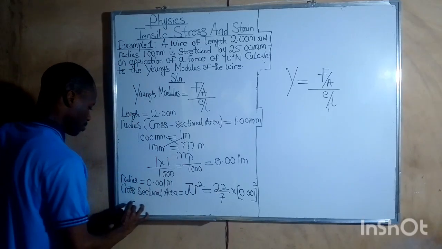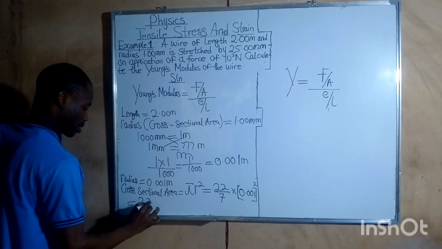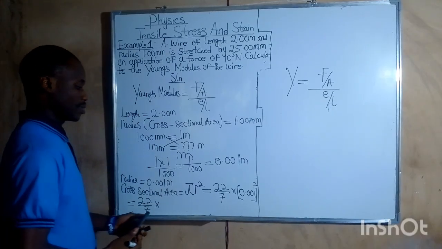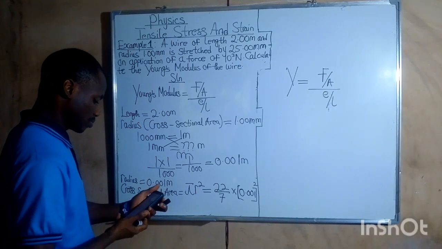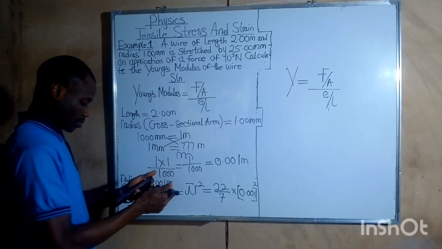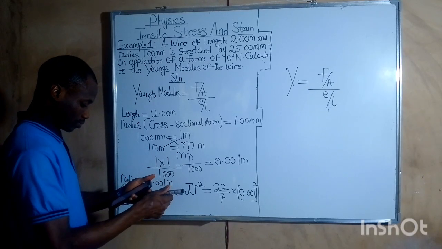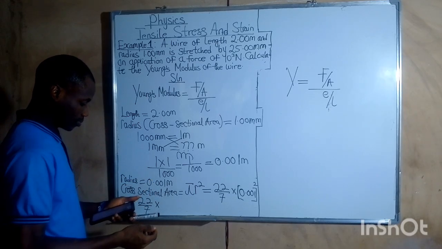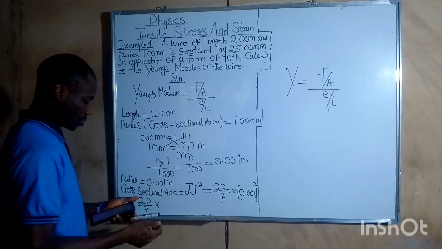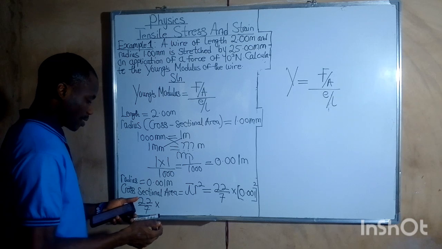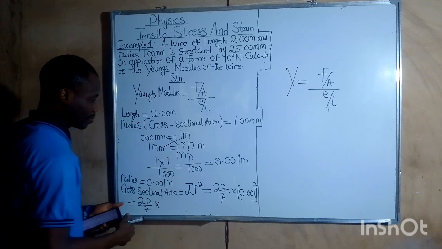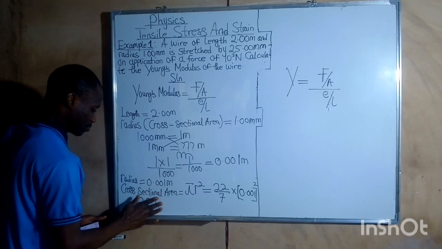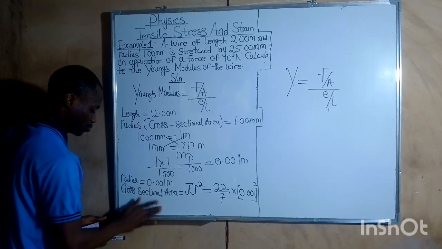So you'll help me with your calculator as we do that. 22/7 times 0.001 squared. Let's see what you got. 22 divided by 7 is 3.142. Okay, let's use 3.142.